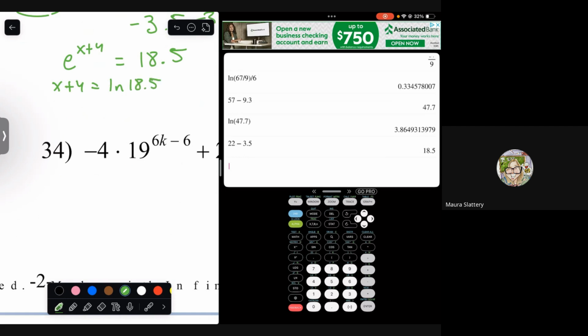Did anyone struggle getting this? Yep. And then we're going to subtract 4 from both sides, and we get that x is equal to ln of 18.5 minus 4. And remember to use the parentheses because that minus 4 needs to be on the outside there.